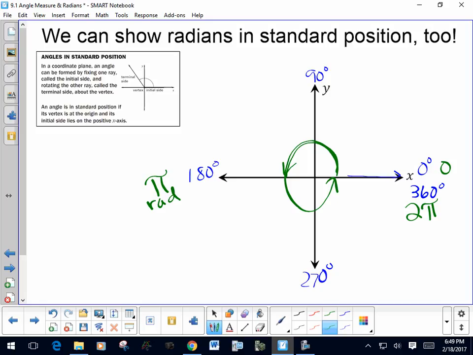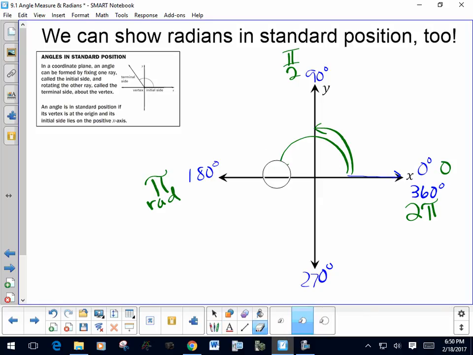So let's figure out these other two angles. So if this is pi, well, this is exactly half of that. We would write it as, usually, pi over 2. It's half of pi.